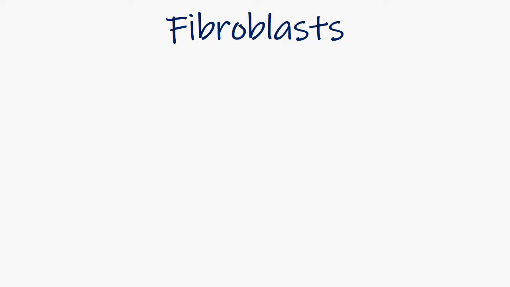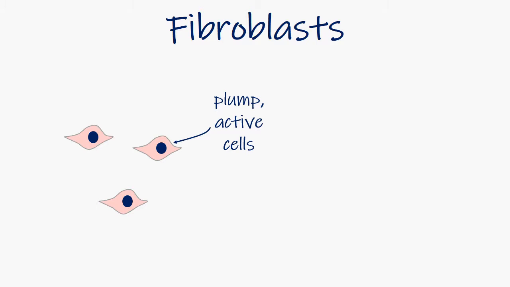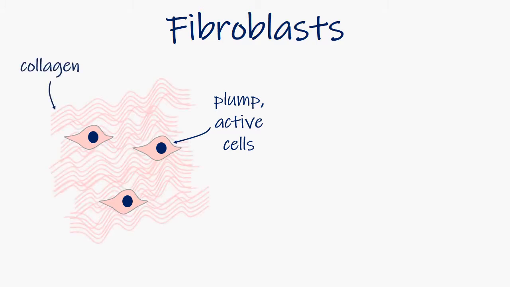Fibroblast cells can be found in two different states, active and resting, and they appear quite different from each other. As shown in this schematic, active fibroblasts are cells that are busy laying down collagen fibers. Because they are active cells, they appear plump. Fibroblasts are only active enough to have this plump appearance during times such as initial embryonic development and during wound healing in adults.